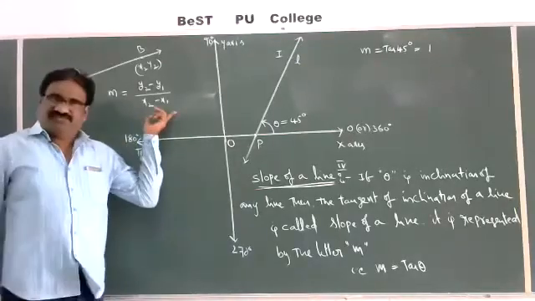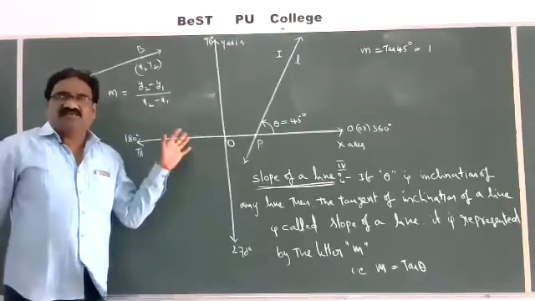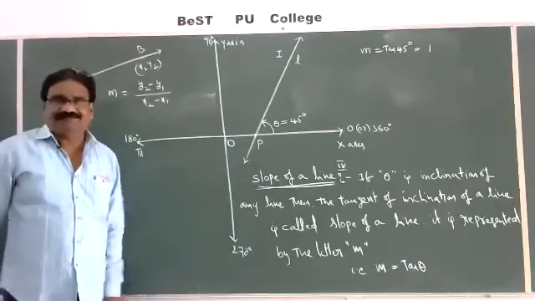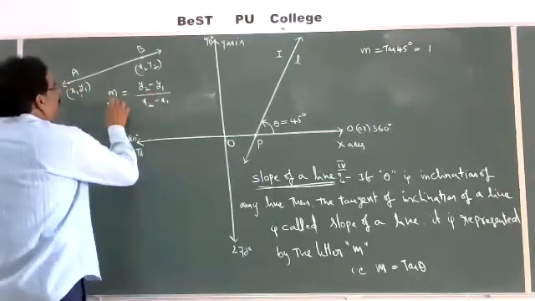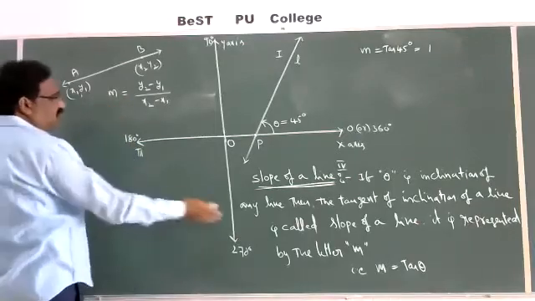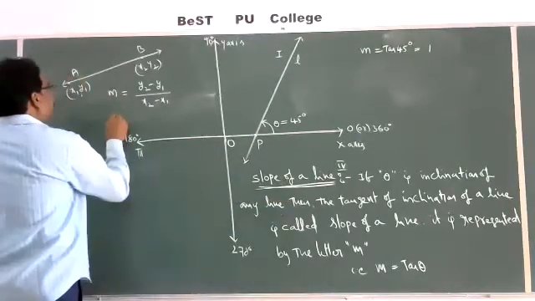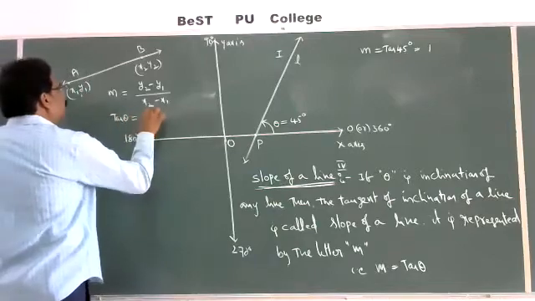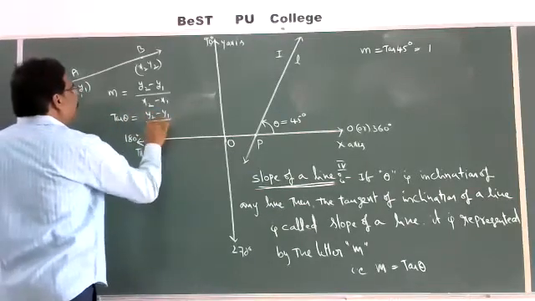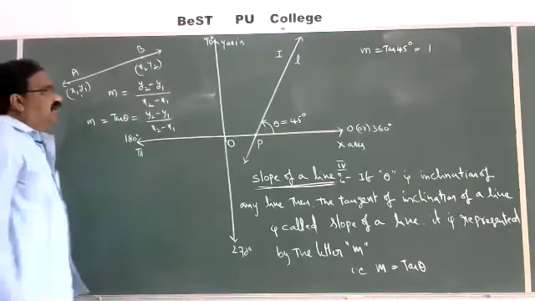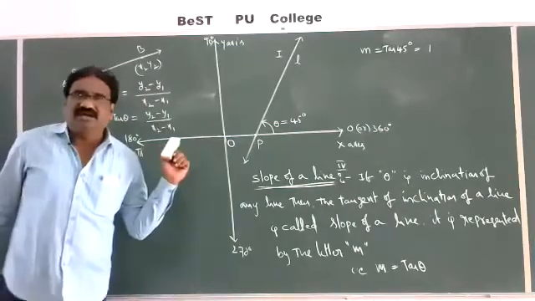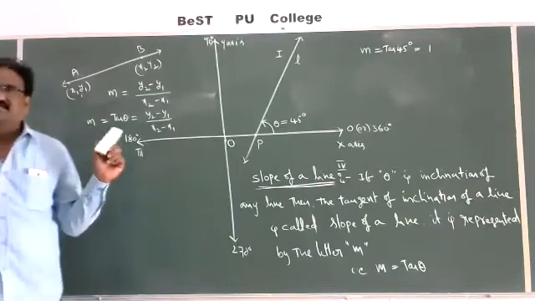Already you know this formula. How do you get this formula? We prove it here. So m is equal to tan theta, that is tan theta is equal to y2 minus y1 by x2 minus x1.